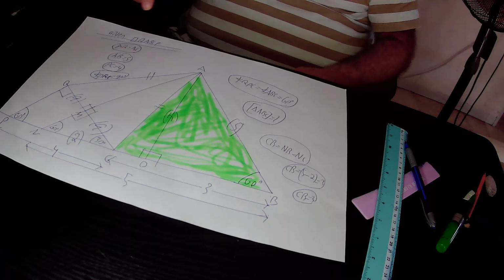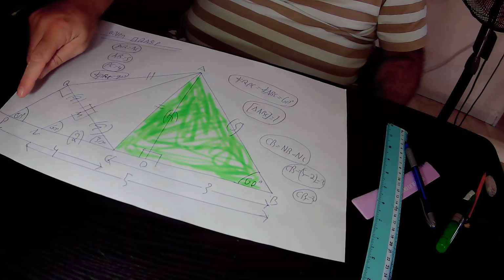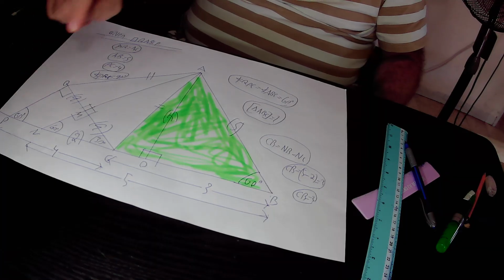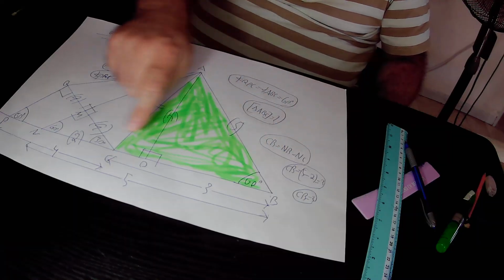So in the drawing we have quadrilateral QABC, quadrilateral QABCP.